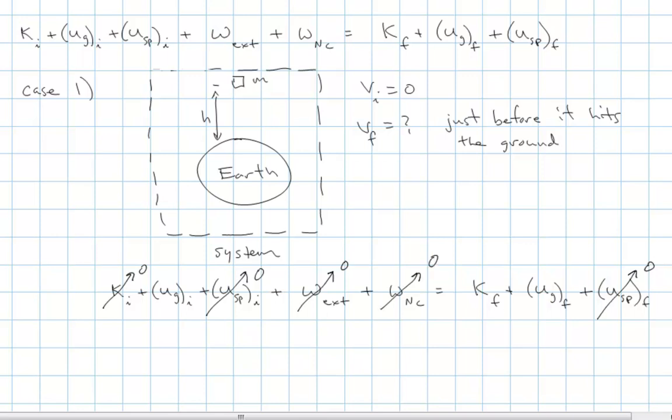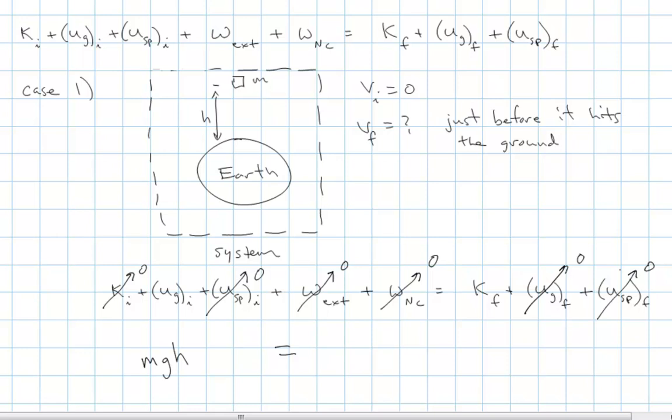Our gravitational potential energy is fairly arbitrary. We need to define a 0 for our height, and it makes sense to choose either the starting position or the ending position. Most people like the lowest point in the problem to be the 0 for gravitational potential energy, so I'm going to make my final 0, which means at the beginning I have mgh worth of gravitational potential energy, and everything else is 0, so that's my initial energy.